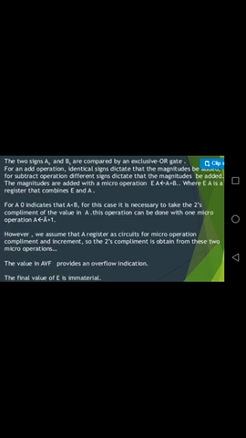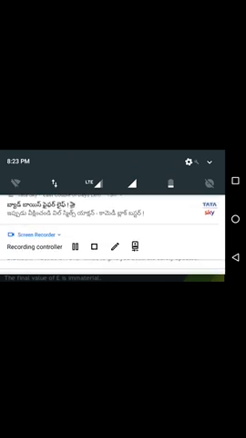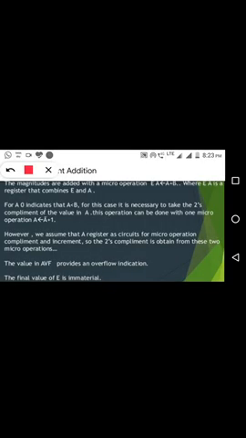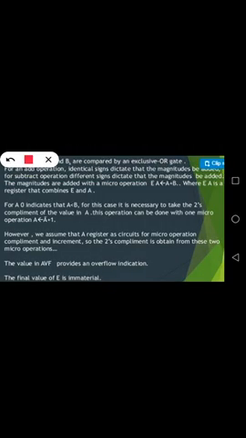So what we are trying to say, when the signs are different and you do A minus B, you don't know which is bigger, whether A is bigger or B is bigger.